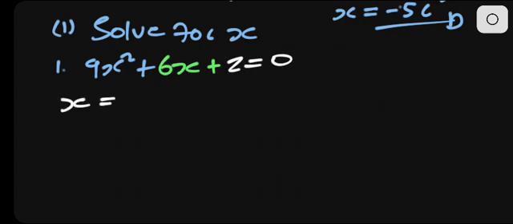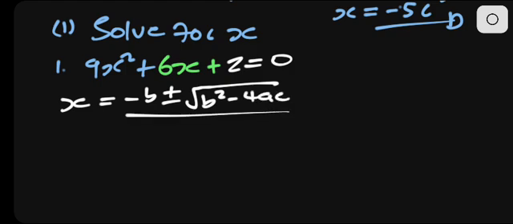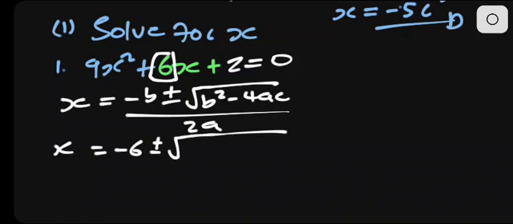You know that the quadratic formula says x equals minus b plus or minus the square root of b squared minus 4ac, divide this by 2a. Obviously we'll have b is 6, so we'll have minus 6 plus or minus the square root. B is still 6, but now we square that.